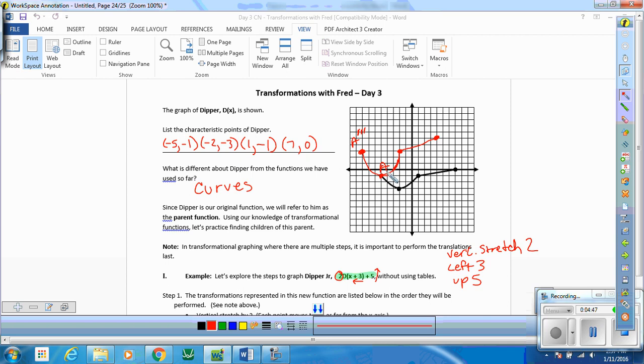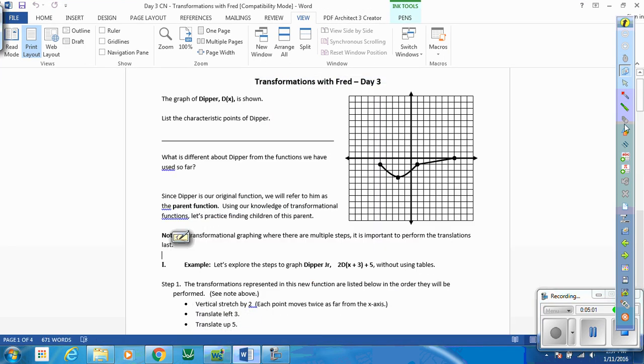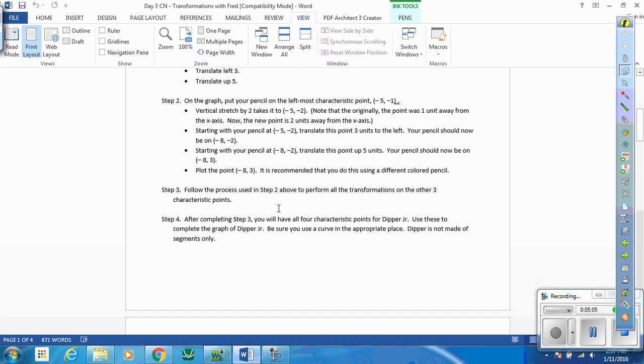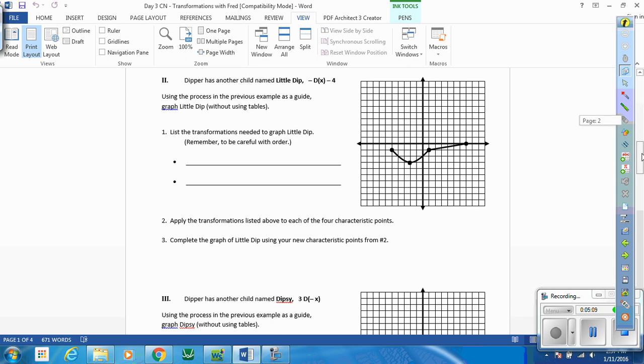So I stretched it, made it a little deeper. Notice that my bowl got deeper. It's not quite as shallow as this one. And it shifted left 3 and up 5. So that is how we go about changing Dipper here. We did all the points for it following these 3 steps. You can look over those steps and it breaks it down for you.